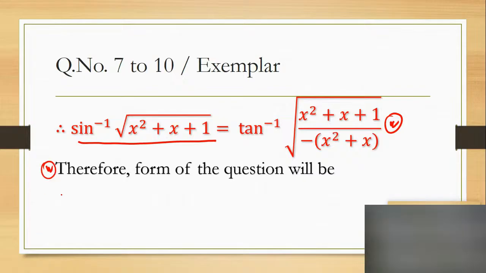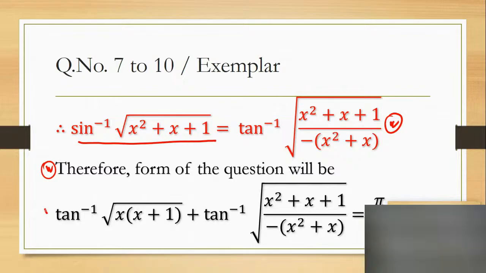Therefore, the form of the question will be tan inverse root of x plus tan inverse root of x square plus x plus 1 by root of minus x square minus x equal to pi by 2. This is given.